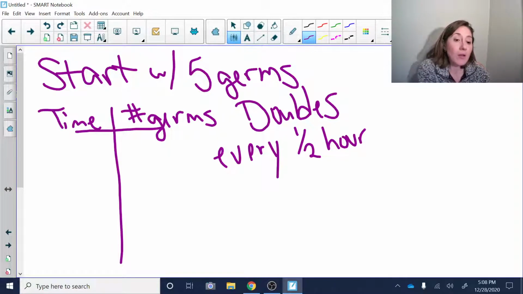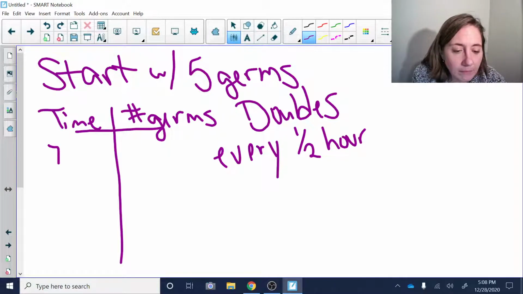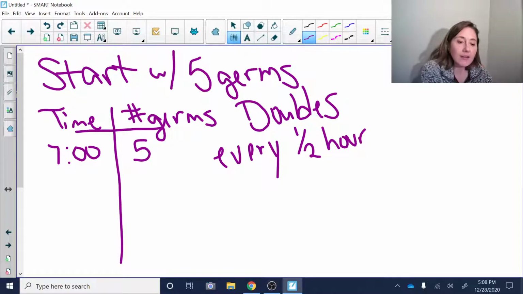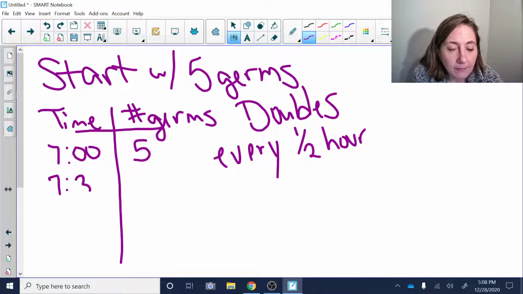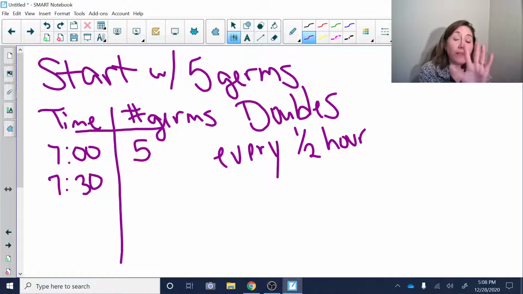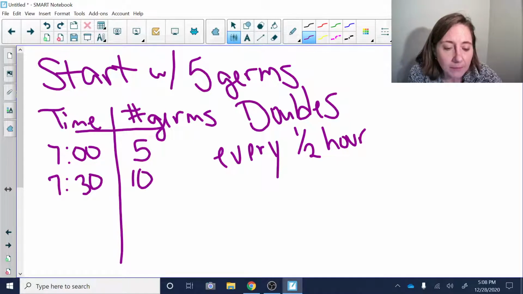At 7 o'clock, we've got 5 germs on our hands. At 7:30, how many germs would we have? Those 5 germs all divide, they become 10 germs.